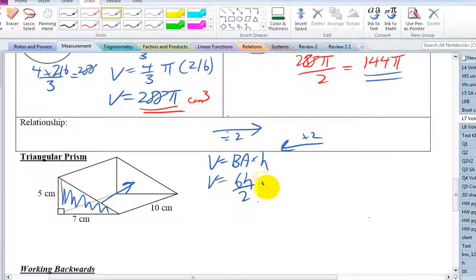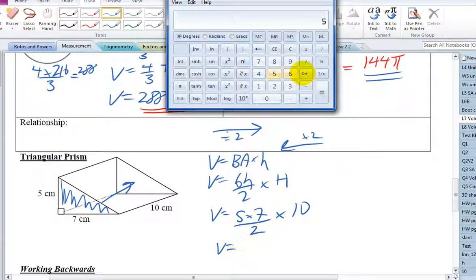I would like to write my height for the prism as a capital H. Okay, so if you notice, I have two H's. It's important to know the difference between them. So I use lowercase for the triangle, big H for the whole prism. So base times height would be 5 times 7, it doesn't matter the order, times the height of 10 for the whole prism.